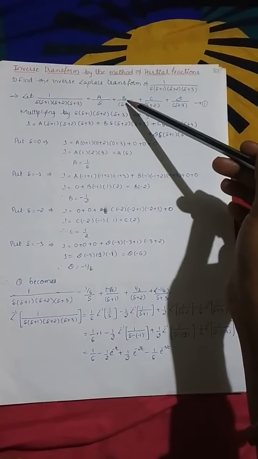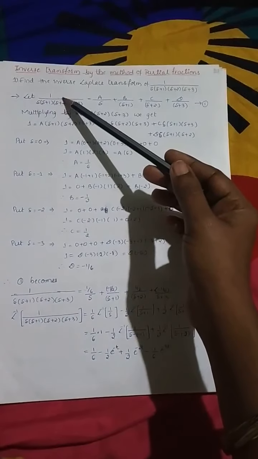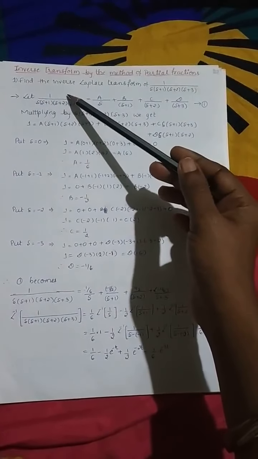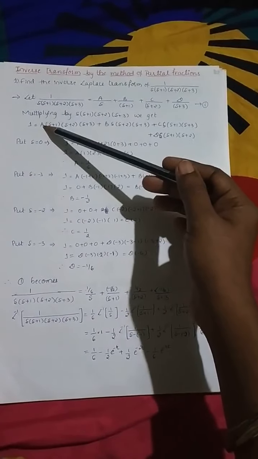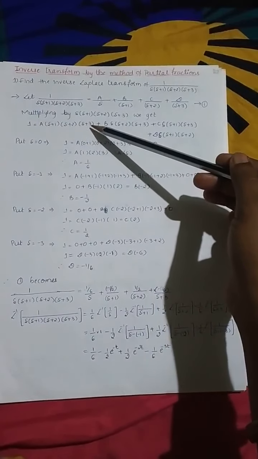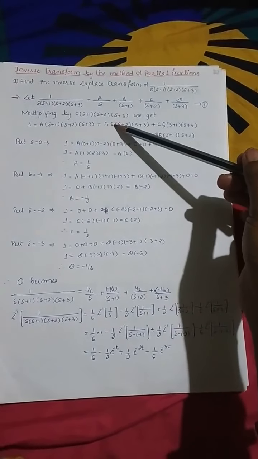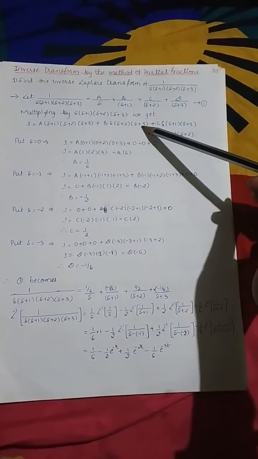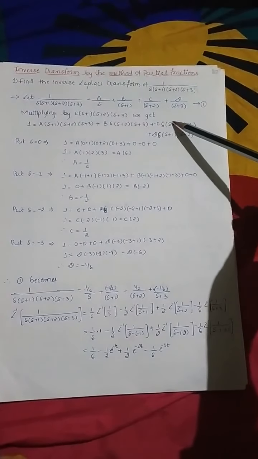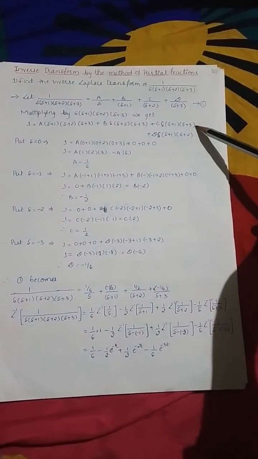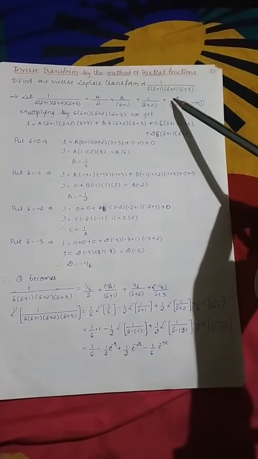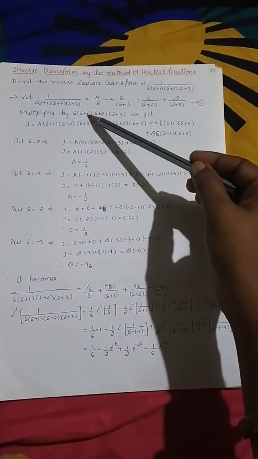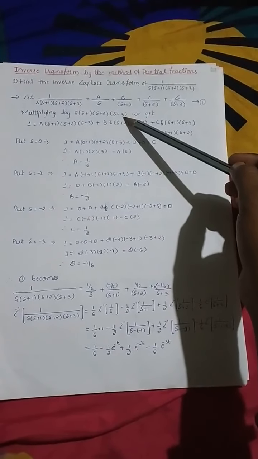In the LHS we get 1. So 1 is equal to a into bracket s plus 1, s plus 2, s plus 3 plus b into s into bracket s plus 2 into bracket s plus 3 plus c into s into bracket s plus 1 into bracket s plus 3 plus d into s into bracket s plus 1, s plus 2. Each and every term of the RHS is multiplied by s into bracket s plus 1 into bracket s plus 2 into bracket s plus 3.